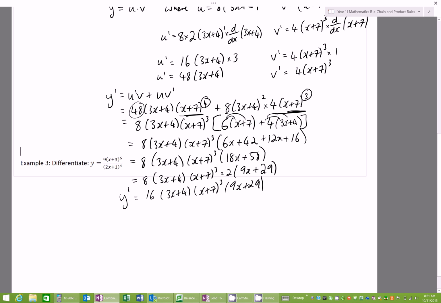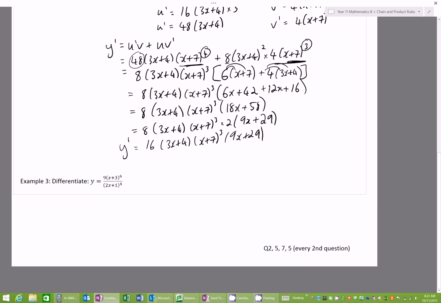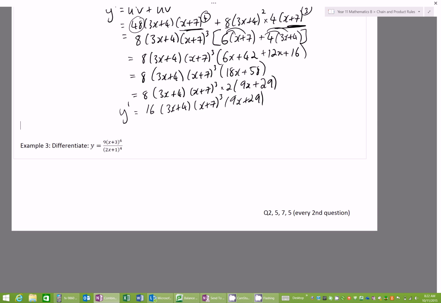Example 3, okay, is pretty much the same as example 2, but it's using that idea of bringing that negative power up. So I'd rewrite this as 9x plus 3 to the power 6 times 2x plus 1 to the power minus 4.